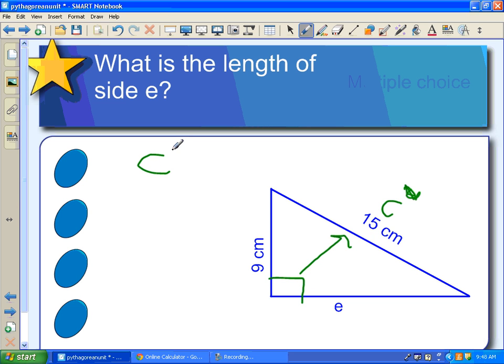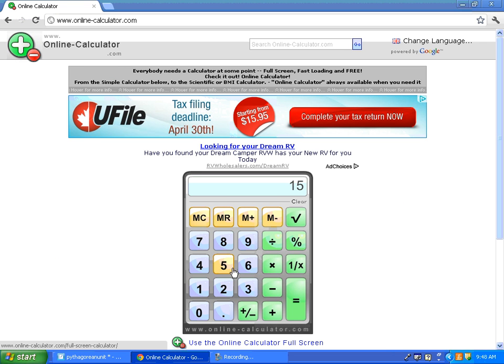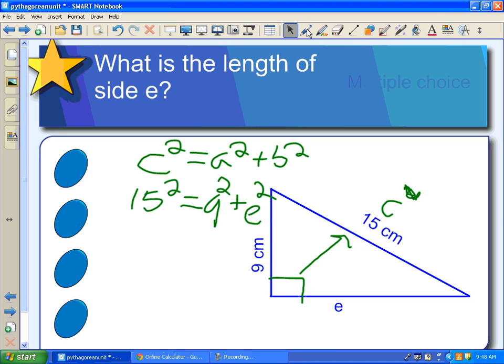So when you plug it into the formula, it's going to be c squared equals a squared plus b squared. C squared is going to be 15 squared equals 9 squared plus whatever e is, e squared. So I multiply that by itself. So 15 times 15, 225. So I get 225 on this side equals 9 squared is 81 plus e squared.